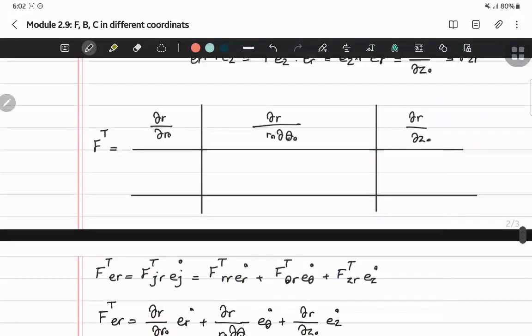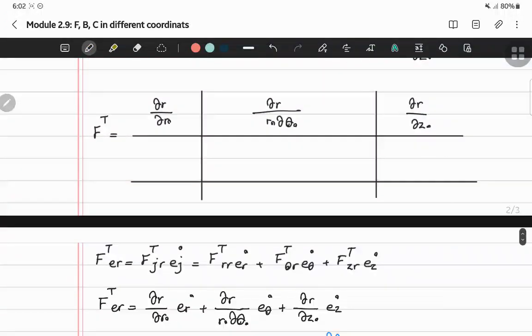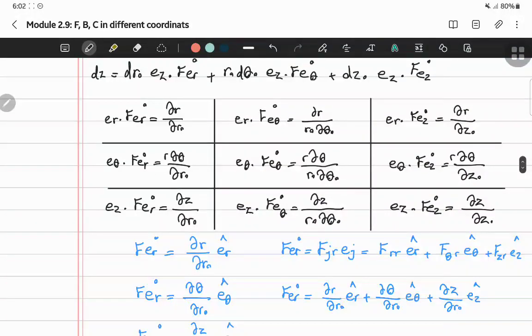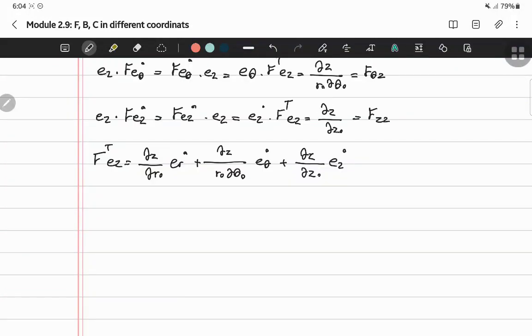Next, we have the third row. So let me fill in here. I will pause the video and write the components for the third row in here, because just writing everything is just repetition.